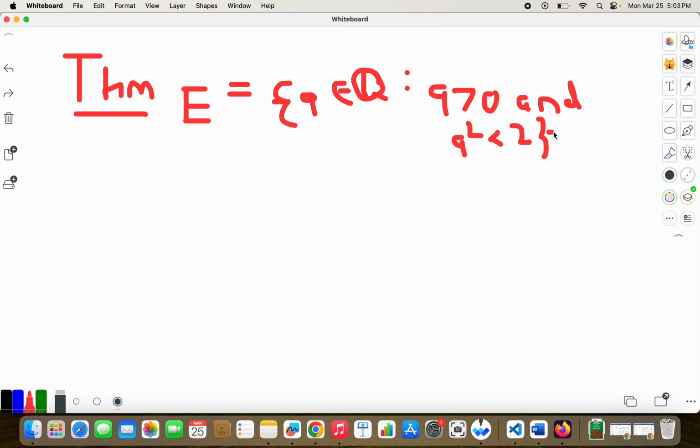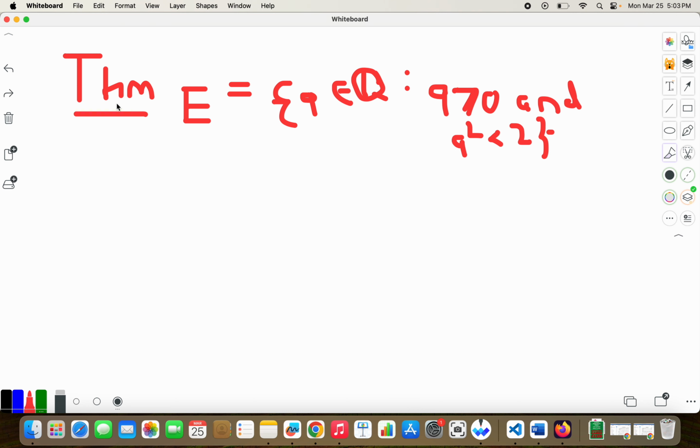So this is just a part of the theorem. So this is the set. This is actually a part of proving Q doesn't have the LUBP. Wait, is this written correctly? Yeah, this looks very weird.